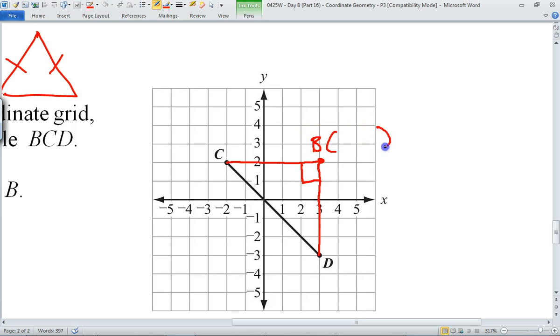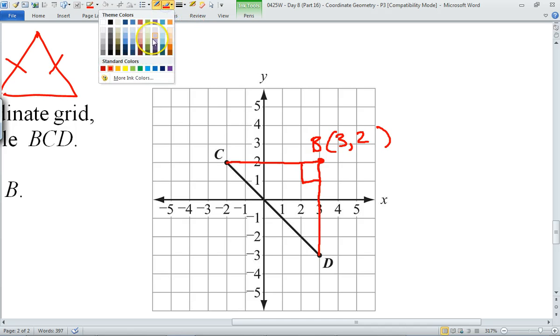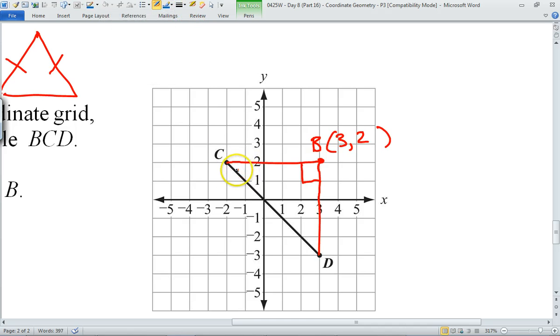What are the coordinates? (3, 2). Okay, this would be (3, 2). How did you do that? Just make a rectangle. Okay. Is there another point that I could draw? Upside down. Right, upside down.